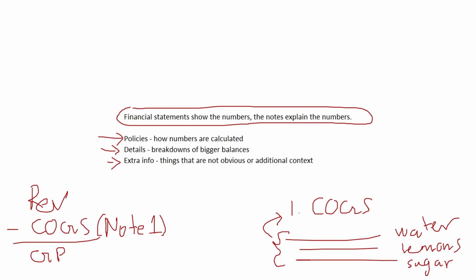For example, if you have a due to shareholder or due to related parties, the notes to the financial statements might clarify who that shareholder or related party is. It might say this related party is XYZ Company Limited. Or it might say this related party is actually the family of the CEO of the company, something like that.